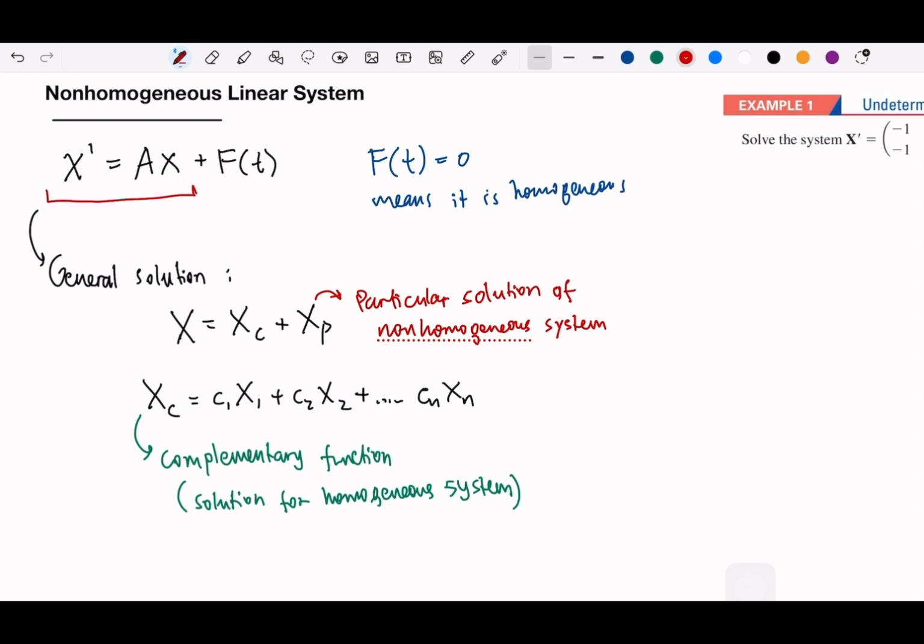In the previous examples, when it is homogeneous, we can find the xc, right? Now we would like to know how to find the particular solution. Within this context, there are actually two methods available in the matrix.